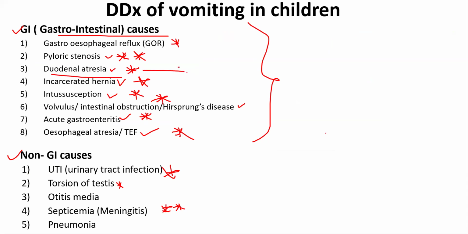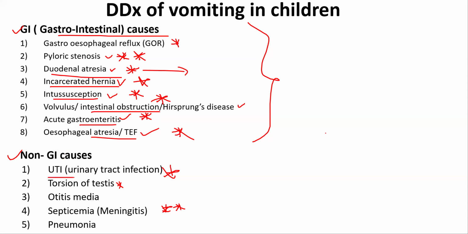Duodenal atresia, the child comes with vomiting immediately after delivery, within 24 hours of delivery, so there is not much of a question you can ask. Hernia, we are asking about any lump or bump on the groin. We are asking the intussusception question, intestinal obstruction question, gastro question. For esophageal atresia, again, the child will have vomiting within 24 hours of delivery, but nothing to be asked here.